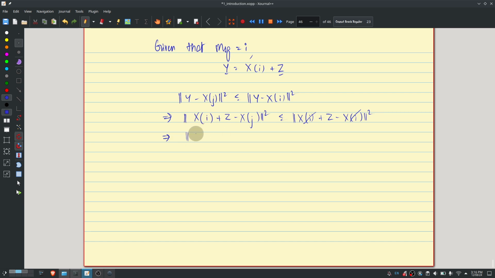I'll write this a little more carefully. I'll write this as x of I minus x of j plus z square less than or equal to norm z square.